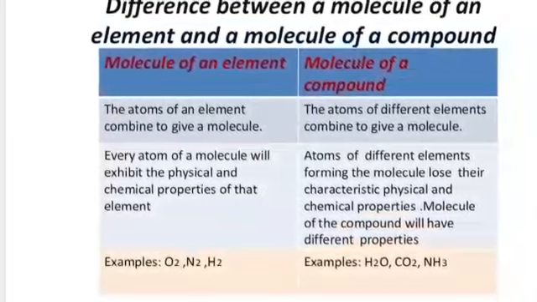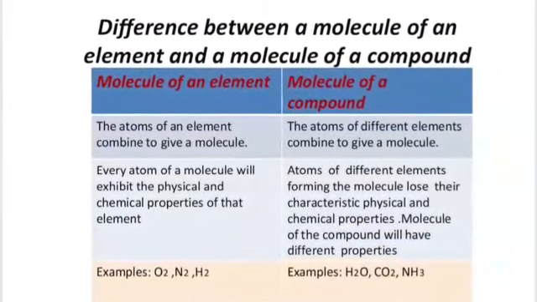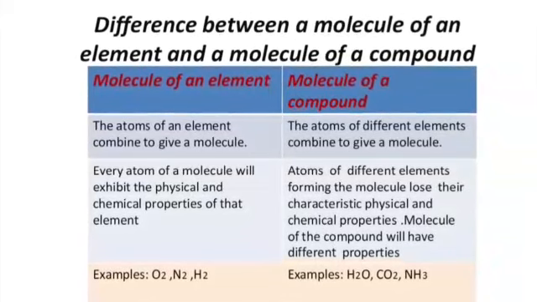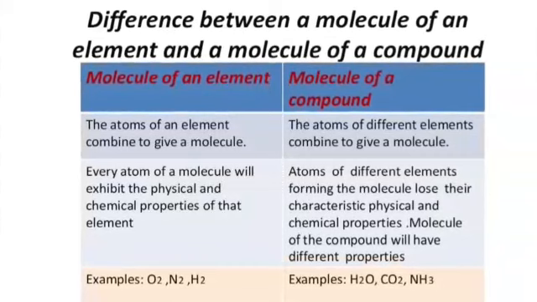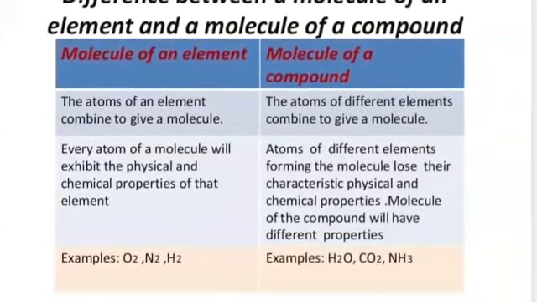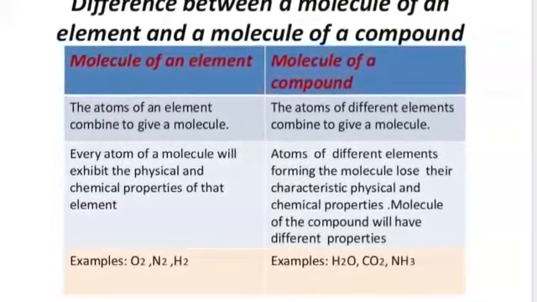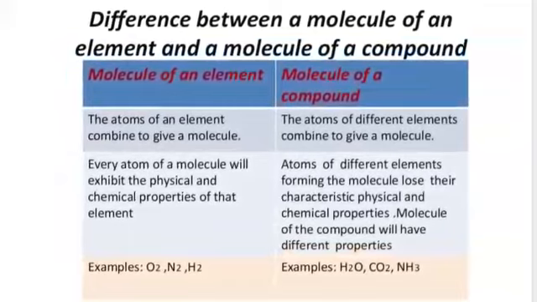Molecules of the compound will have different properties. Examples of molecule of an element are oxygen, nitrogen, hydrogen molecules. Whereas examples for molecule of a compound are water, carbon dioxide, ammonia, etc.